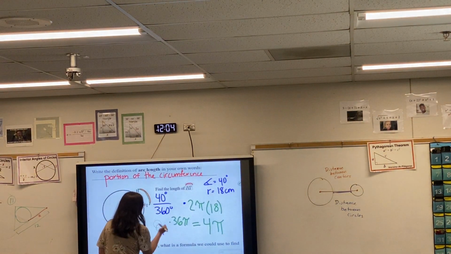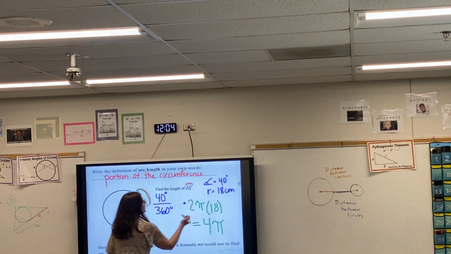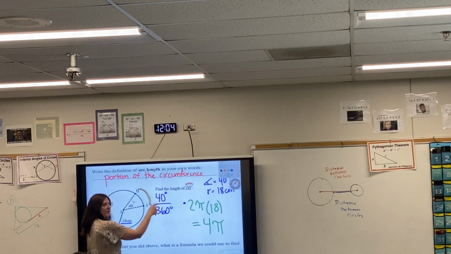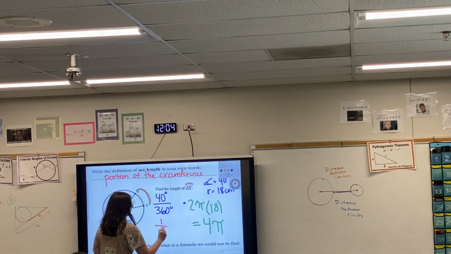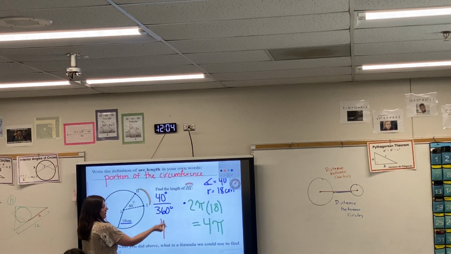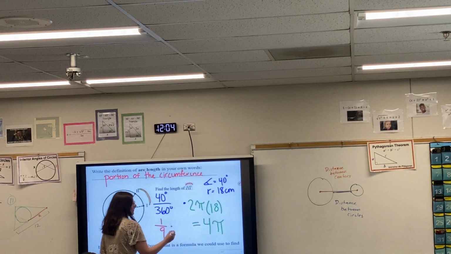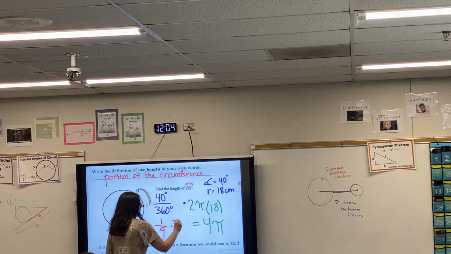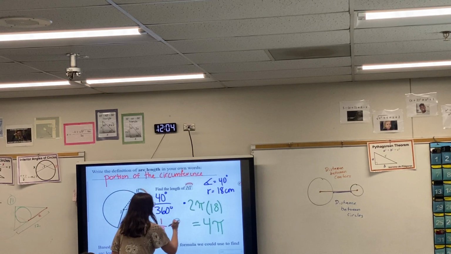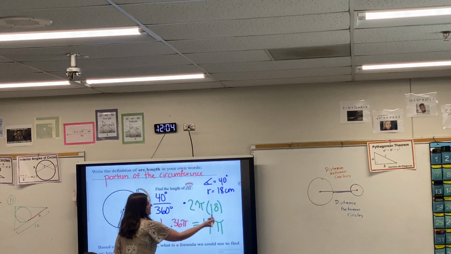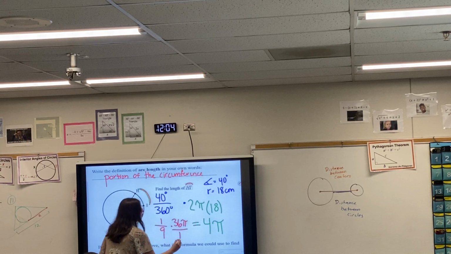Great question. Let me rewrite this a little better so you can see it, because that is an important thing to know. So we got this and we got it to 1/9, right? We just divided. 40 divided by 360 is 1/9. And then we just brought down the circumference. So that's 2 pi, or we said it was 36 pi, so we multiplied 18 times 2, and that's just over 1, right?